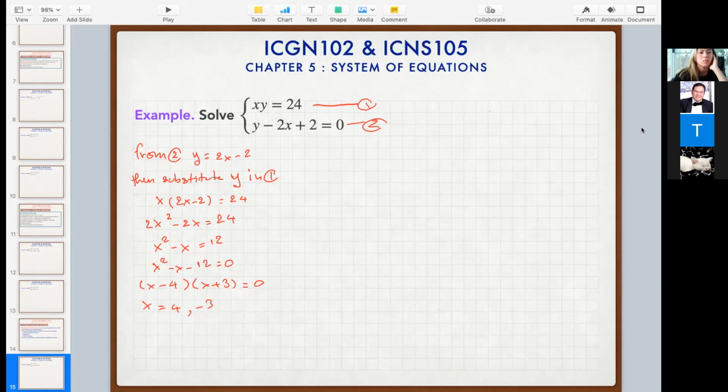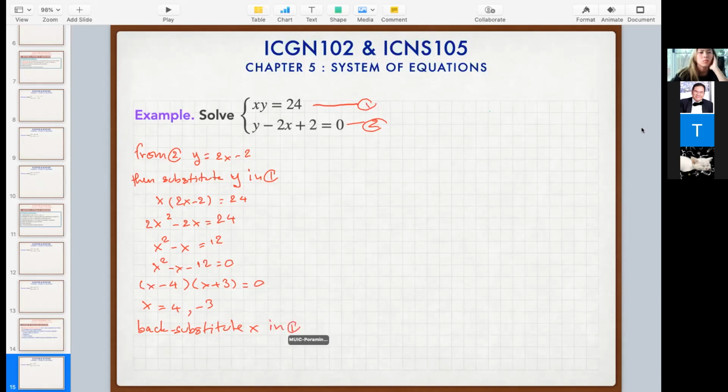Okay. So we have the values of x for both of them. We back substitute in equation number 1 first.